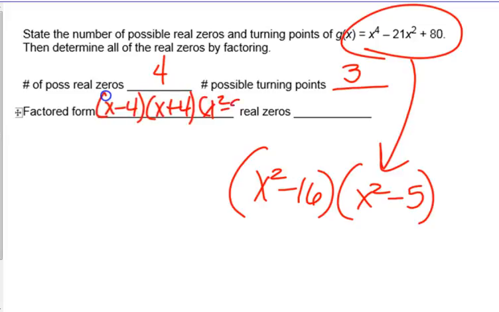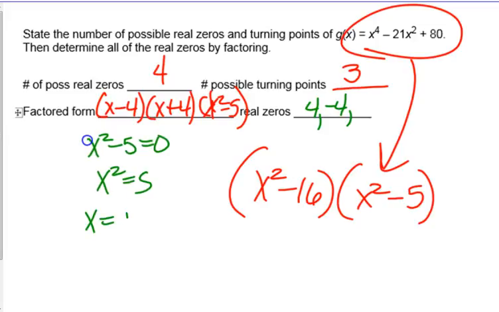X squared minus 5 does not, but it does have real zeros. What are the exact real zeros? 4, negative 4, and then x squared minus 5 equals 0 means x squared equals 5, x equals plus or minus the square root of 5. So we found all 4 zeros were real. Everybody good? Got down what you want, took a picture, whatever you wanted. Can I go on?